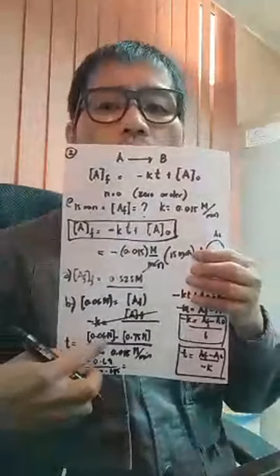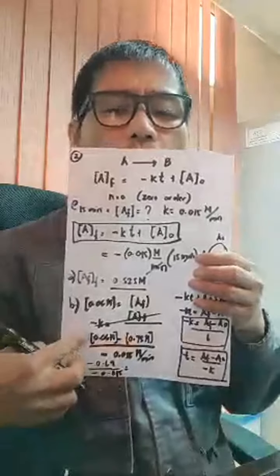So our time will be 0.06 minus 0.75 over negative 0.015.